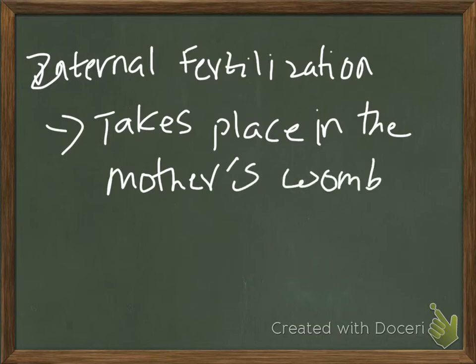One good example for this is us, humans. We humans produce different types of gametes and they fuse within the female reproductive system. So now I have explained external and internal fertilization. Now let's go to sex determination.